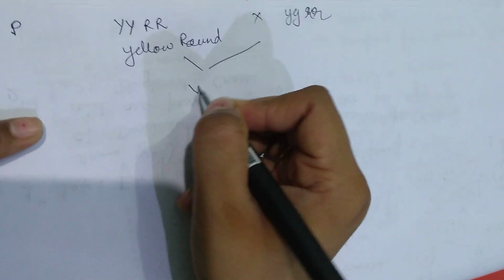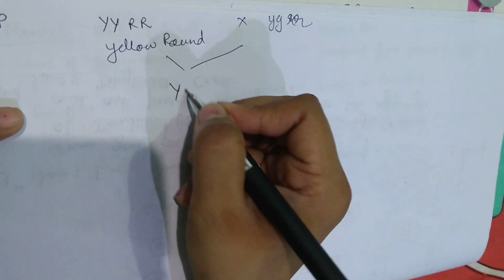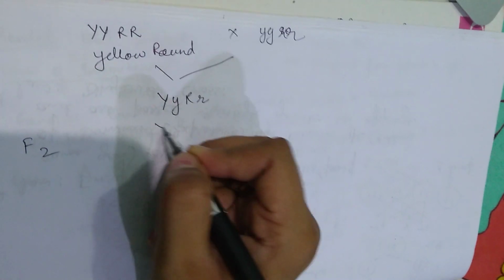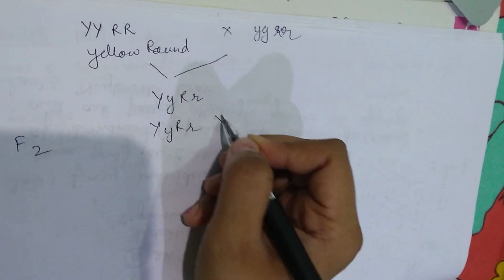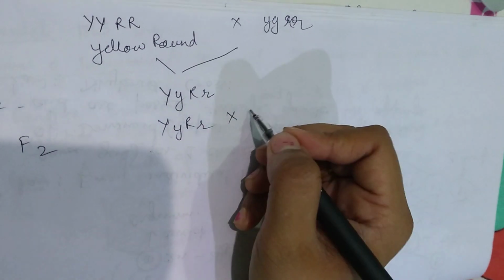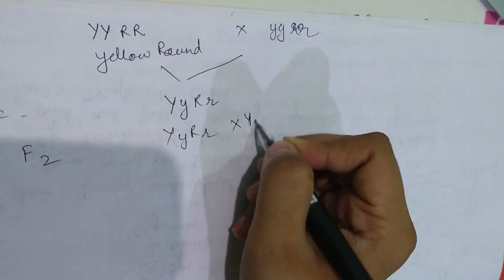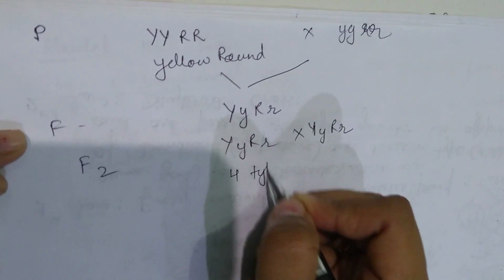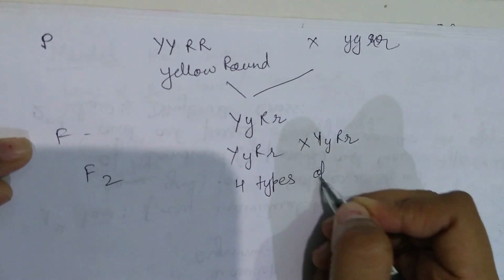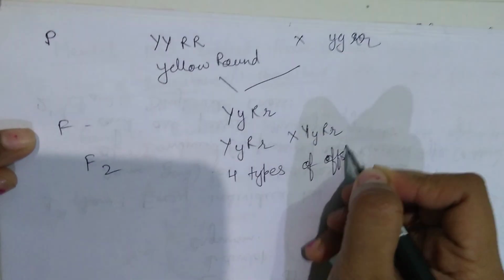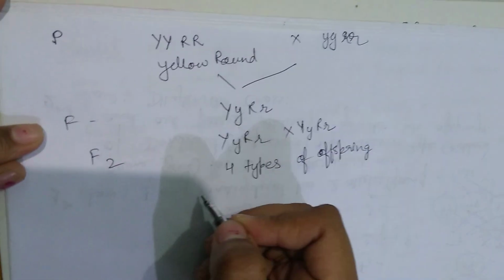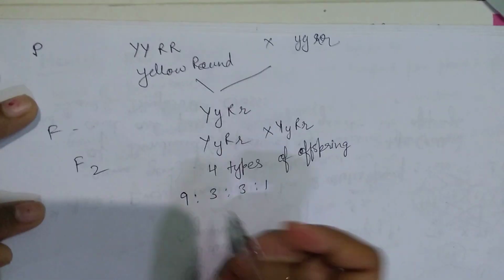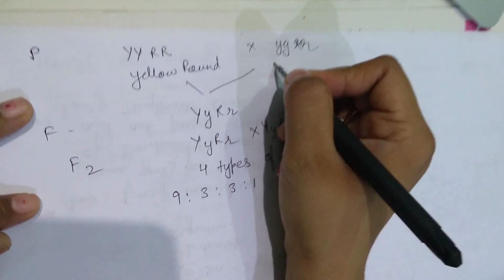So we can see that a single allele will come from each of the parents, and then in F2 we are going to cross the F1. This is the F1. It will result in 4 types of offspring in the ratio 9:3:3:1.